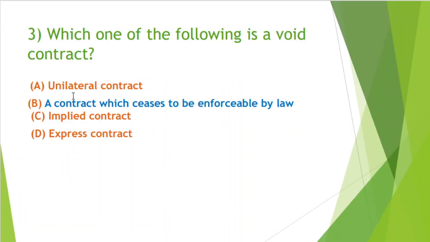Then, which of the following is void contract? A contract which ceases to be enforceable by law. In order to become a contract, what is required? An agreement which is enforceable by law is a contract. So a contract which ceases to be enforceable by law is a void contract.